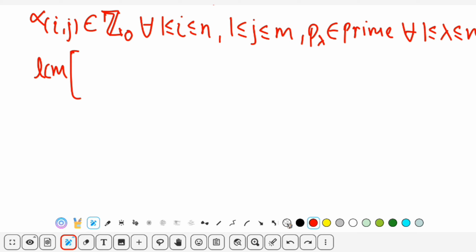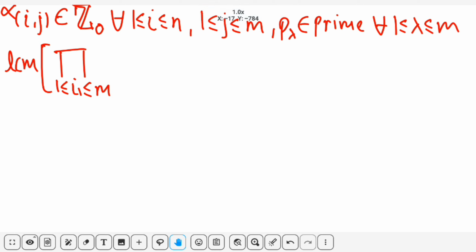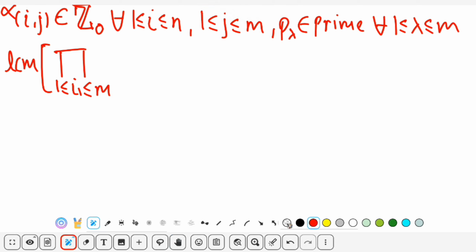So product over 1 less than or equal to i1 less than or equal to m of p_{i1} raised to the power alpha 1 comma i1.